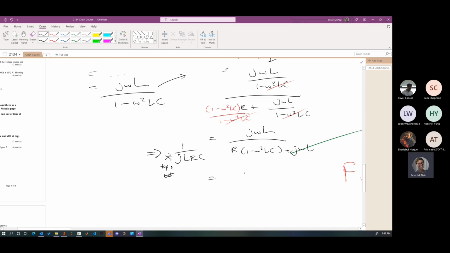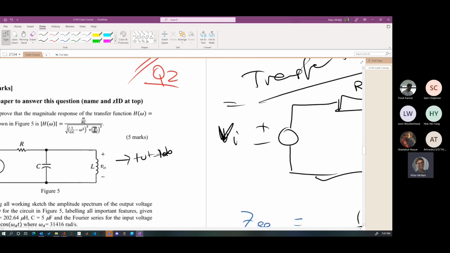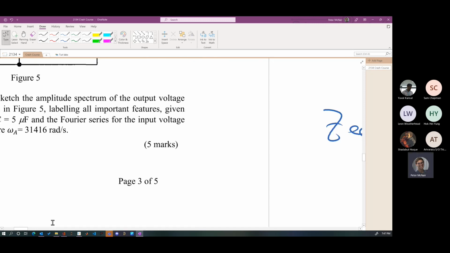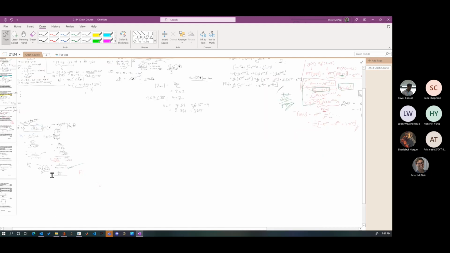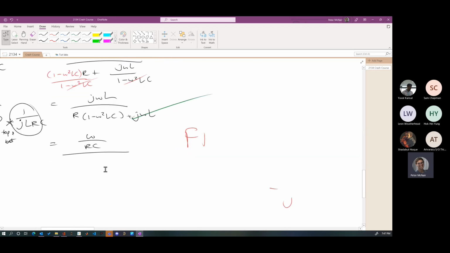So this cancels, we get omega on RC. Essentially, the reason I chose this is just from the question, right? Oh, sorry, it's way up here. And I see, okay, I've got an omega RC on numerator. So how do I get to an omega RC in my numerator? Well, I have to multiply top and bottom by that.